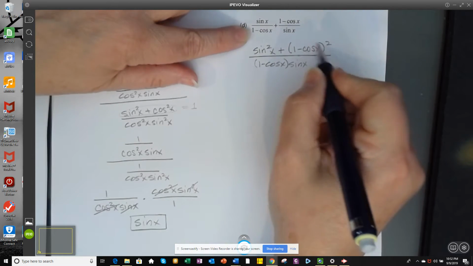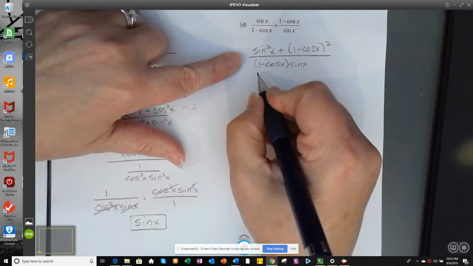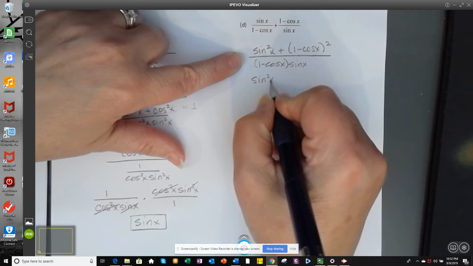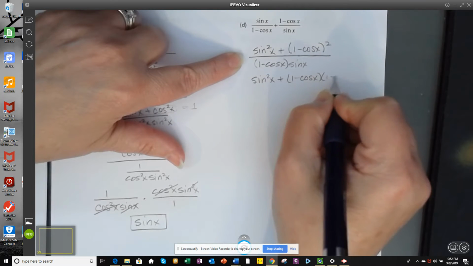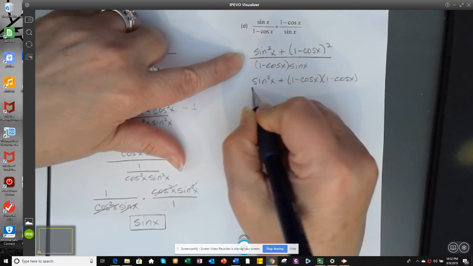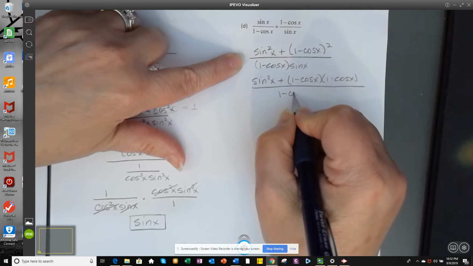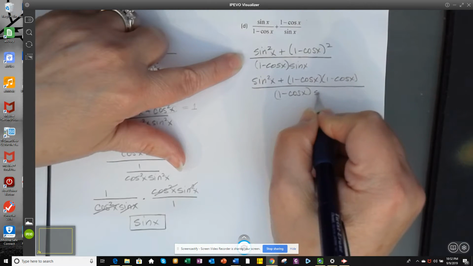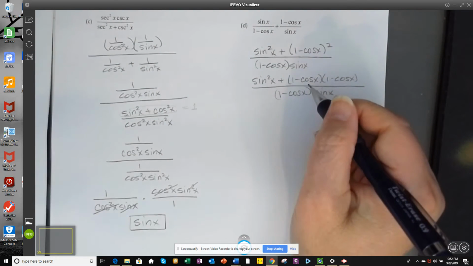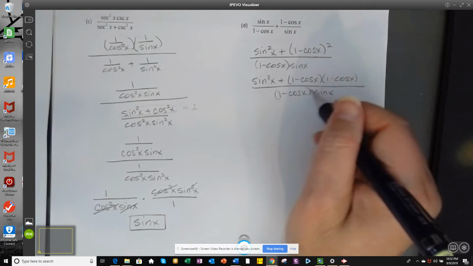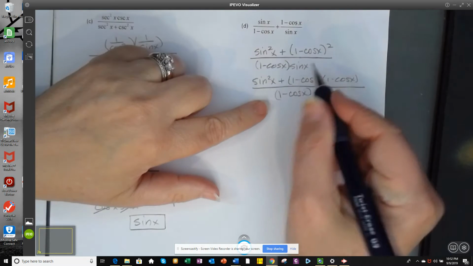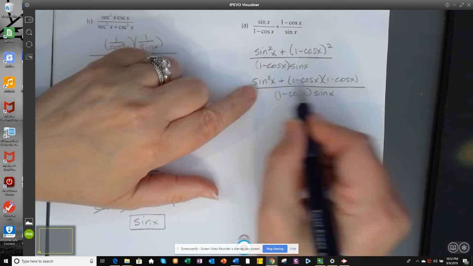And then I'm going to expand this, which means I'm going to get sine squared x plus 1 minus cosine x times 1 minus cosine x all over 1 minus cosine x times sine x. Now, it's really tempting here to want to cancel out this 1 minus cosine and this 1 minus cosine, but we can't do that because these aren't factors I'm adding here.